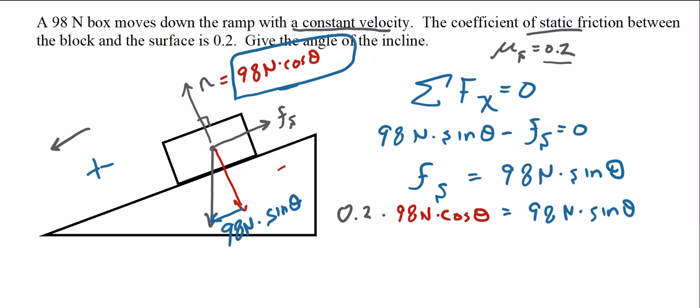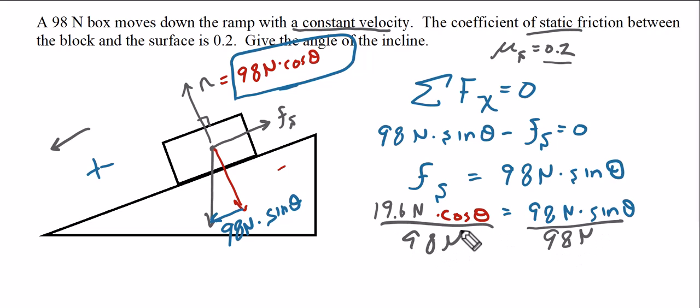And if we multiply 0.2 by the 98 newtons, we get 19.6 newtons. So let's do some interesting math here. I'm going to divide both sides by 98 newtons, which gives me this.